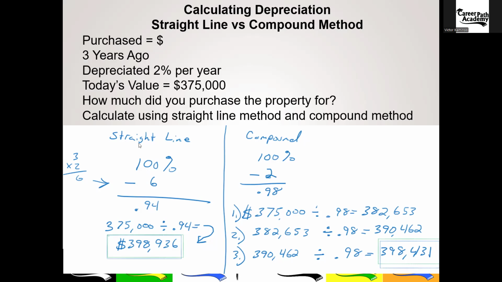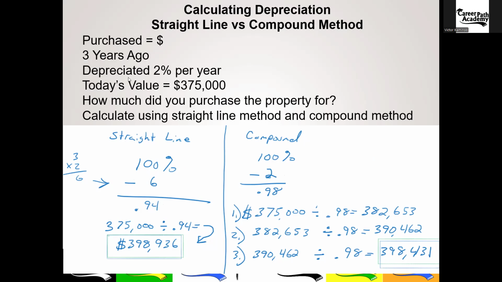If it's compounding, you just take the rate of depreciation and write it there. If it's appreciation, you're adding to the value, so you're adding to 100%. It depreciated, so you wrote a minus sign here.